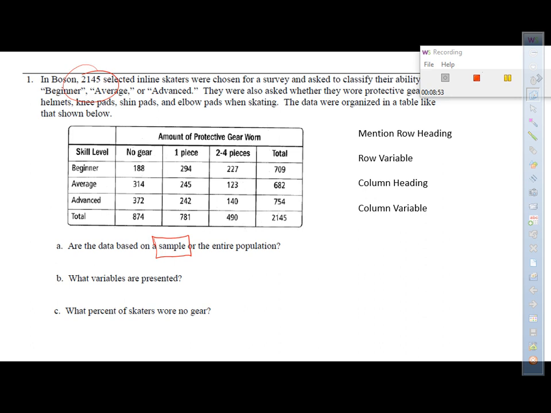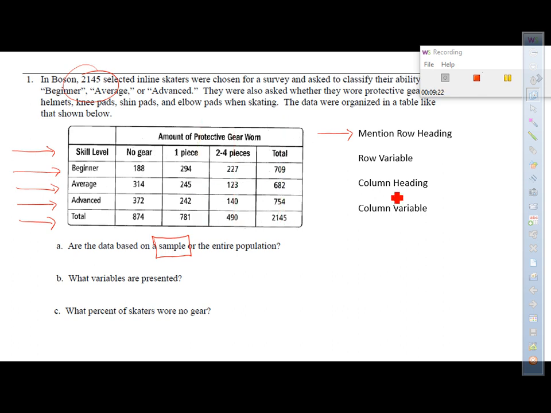Now, I want to show you some labeling that goes on in this chart, so you might label these so you can refer back to them. Come over here and let's talk about row headings. My rows go this way. My columns, of course, are going to go that way.